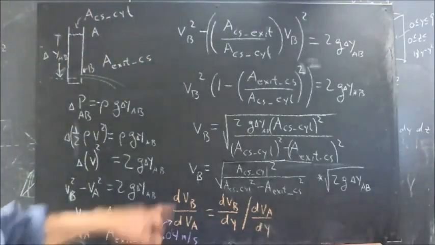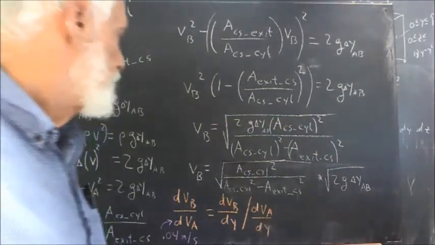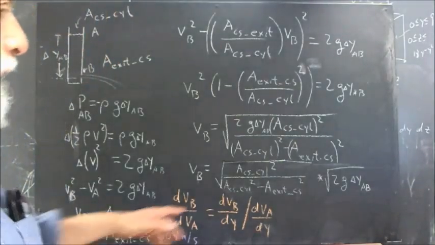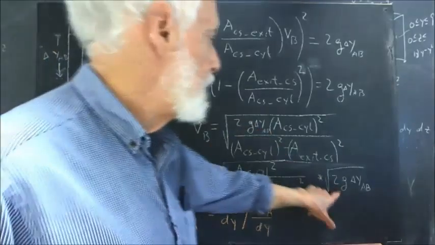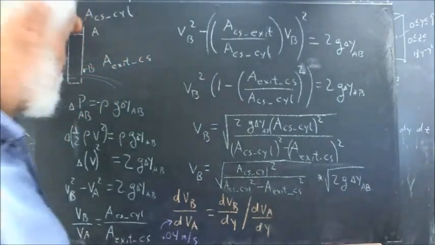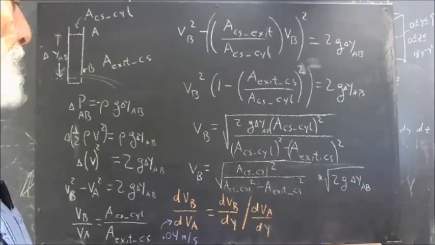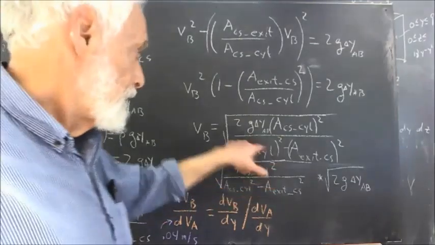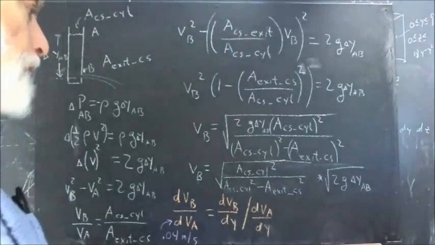Okay, and we're just simplifying this expression, and we factor out the 2g delta y AB, which is your default exit velocity if the velocity of the water in the cylinder is moving at a negligible velocity. And we then factor out this expression.